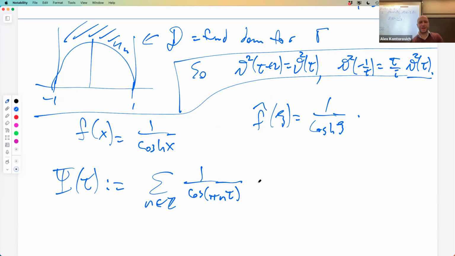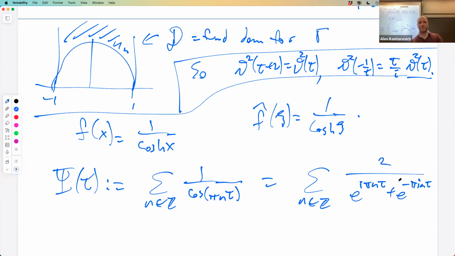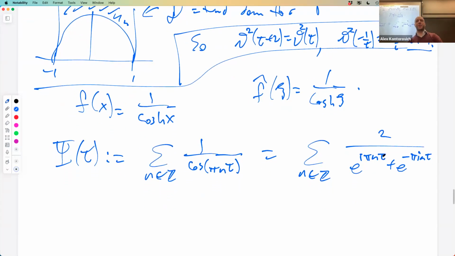What does this mean? Does this converge anywhere? Let's remember what cosine is. Cosine is e to the I pi n tau plus e to the minus pi I n tau over 2. And so if the imaginary part of tau is positive, then this guy is huge and this guy is tiny.